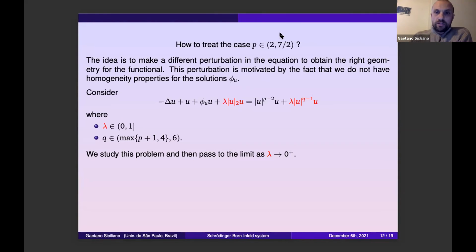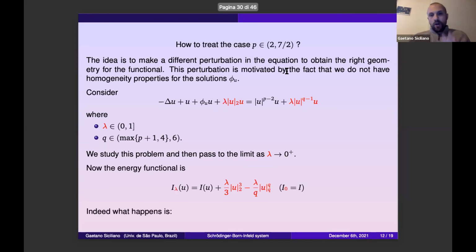Q has to be chosen in a particular way in that interval, maximum between P plus 1 and 4, and 6. The fact is that choosing this perturbation in the equation, this combined perturbation to the left and right-hand side, we are able to prove our geometry and obtain solutions.